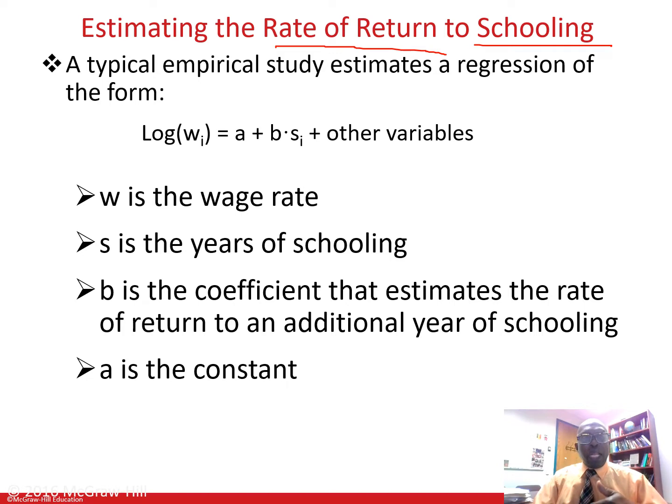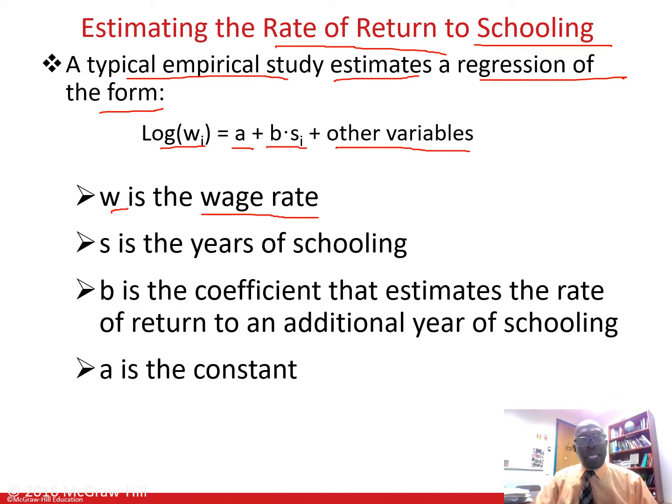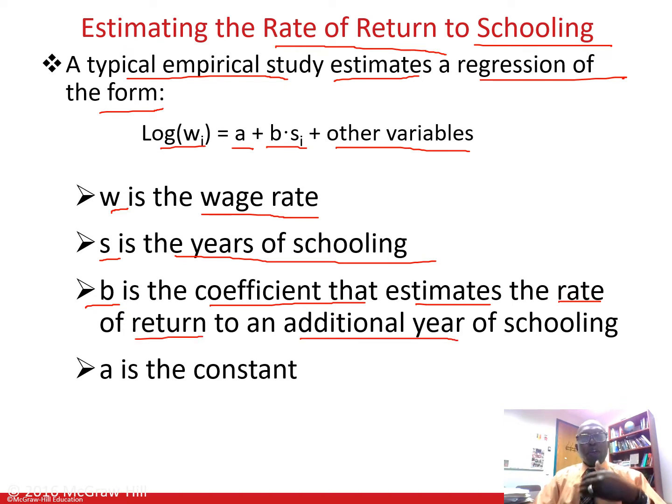A typical empirical study estimates a regression of the form log of Wi equal to A plus B times Si plus other variables, where W is a wage rate, S is years of schooling, B is the coefficient that estimates the rate of return to an additional year of schooling, and A is the constant.